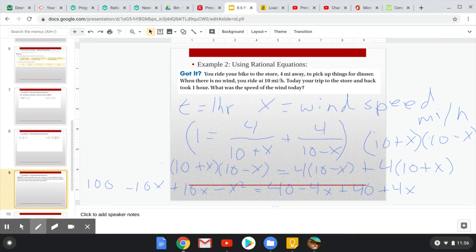Now I'm going to simplify and combine like terms where I can. The minus 10x and the plus 10x cancel, and the minus 4x and the plus 4x cancel.